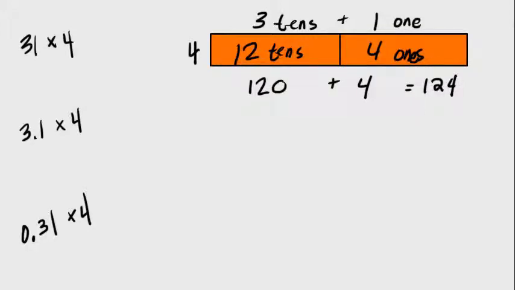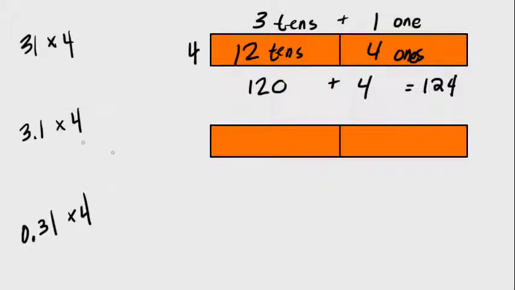And so if we did it with a second one, we would write the same thing, except now we need to notice that the product is going to be a little different because it's 3.1 times 4. So now we're dealing with ones instead of tens. So now it's 3 ones and 1 tenth. And then we're multiplying that by 4. So 4 times 3 ones, again, is 12 ones.